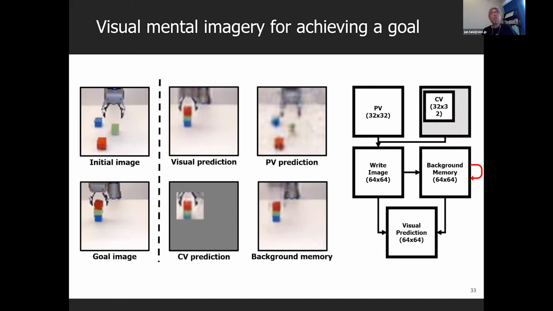But you don't see the movement of the robot, and you don't see the movement of the block. Just the result of the action, a kind of sub-goal. First the green was put on the blue, that state comes, and then the red one, the final goal, comes. So a sequence of important states, like sub-goals, comes out. That kind of image is generated here. And then finally the robot physically achieves this by executing the action.